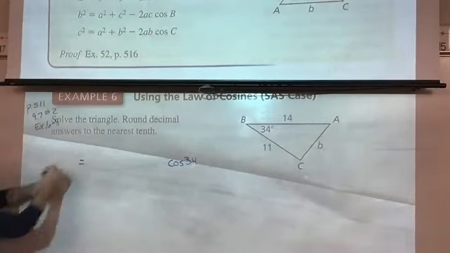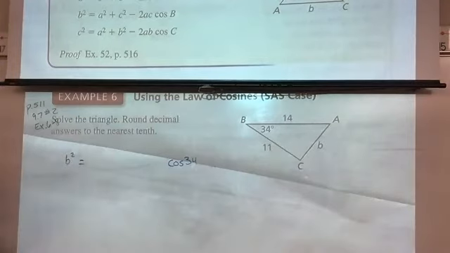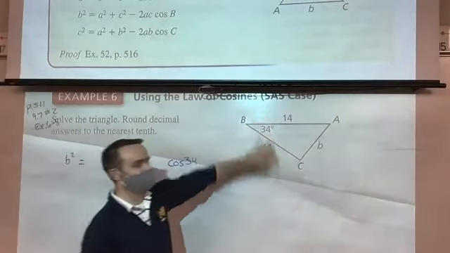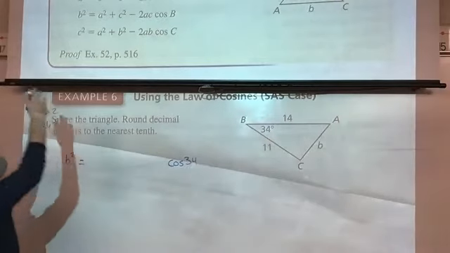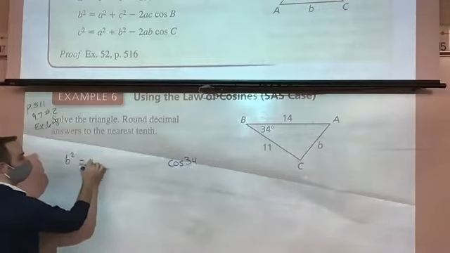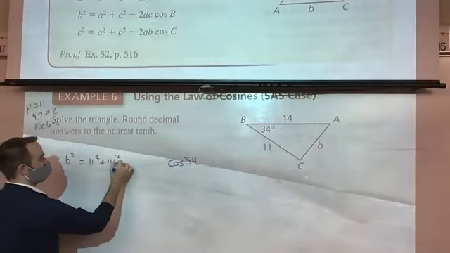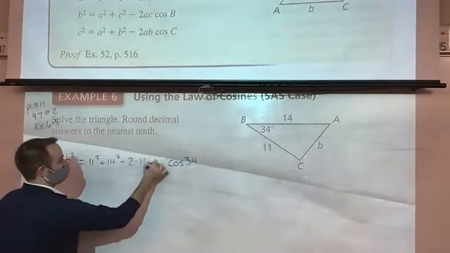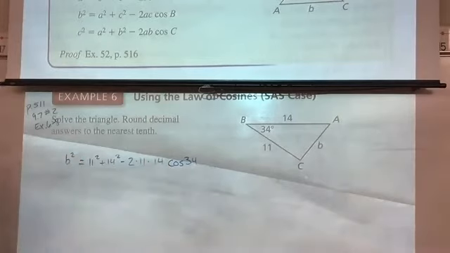We're looking for side b. So this is going to be just b squared. The other two sides, the 11 and the 14, are going to replace the stuff in here. So I'm looking at 11 squared plus 14 squared minus 2 times 11 times 14 cosine 34.